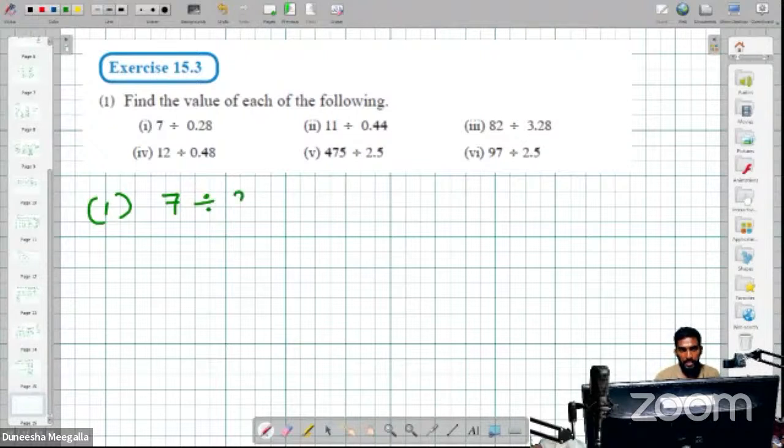Yes. You have to change to the multiplication mark and take the reciprocal of the fraction. What is the reciprocal? 100 over 28. Okay, get the answer.